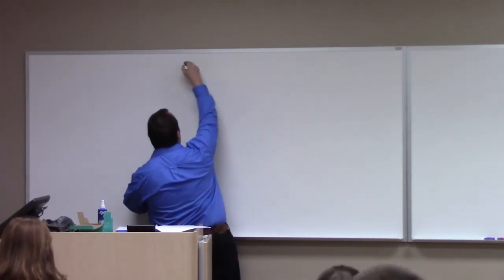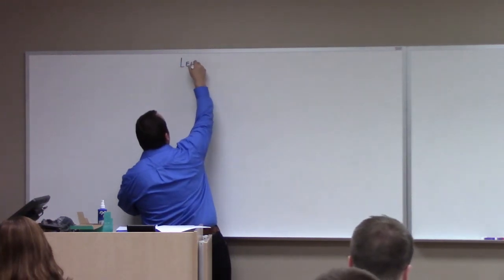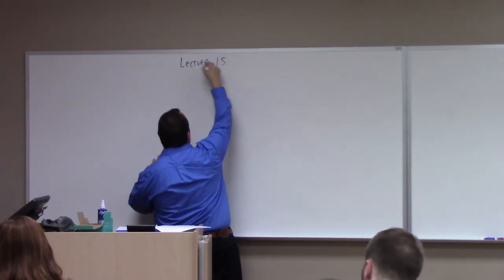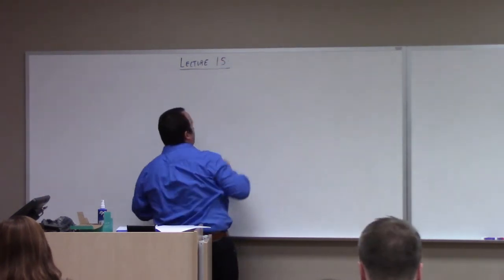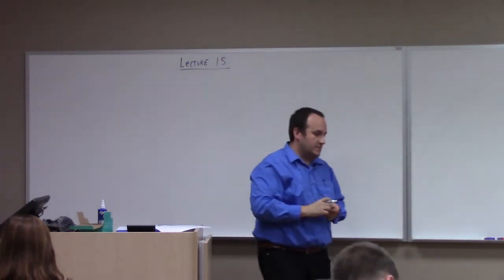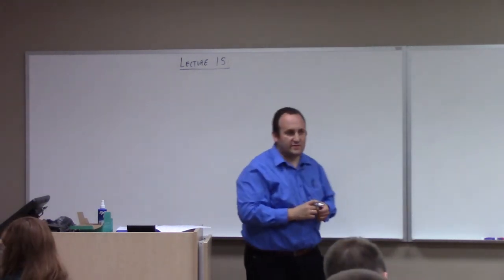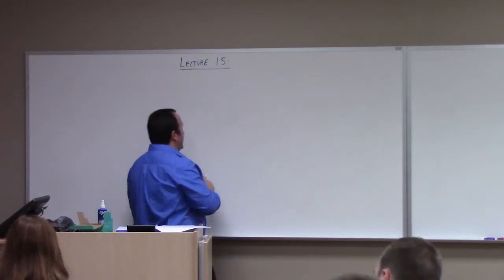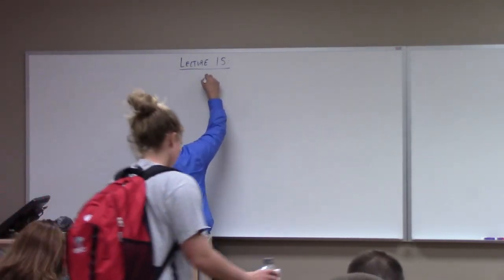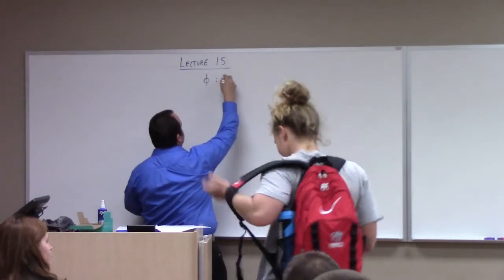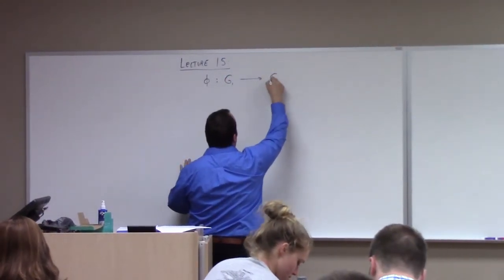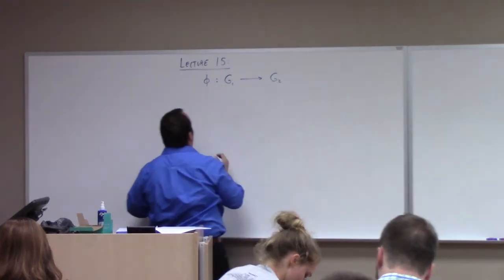If this is lecture 15, I don't have a title yet, but I'm hoping we eventually talk about some things in chapter 8 today. We'll see. In any event, if we have a homomorphism phi from G1 to G2, right?